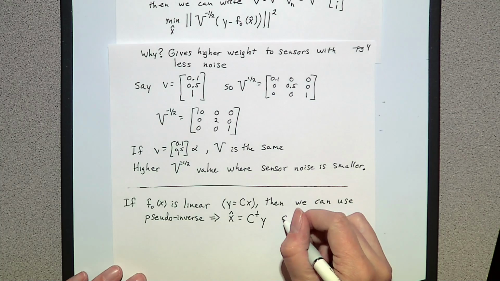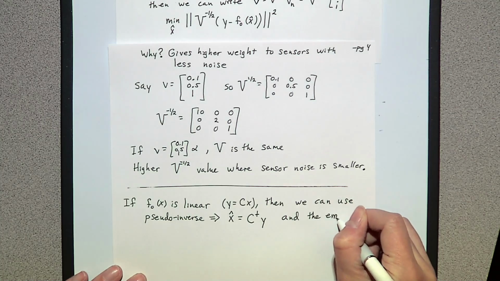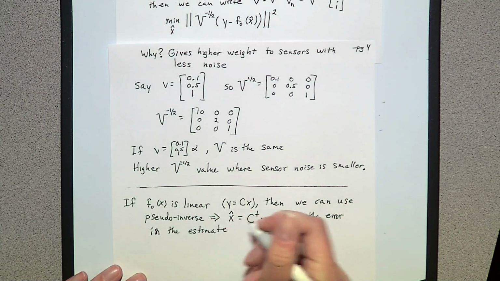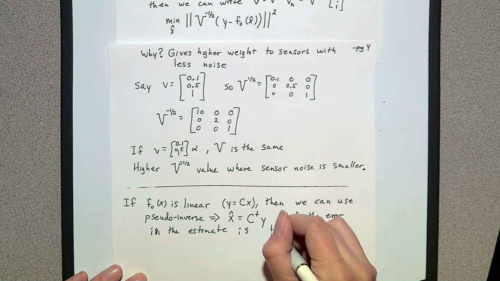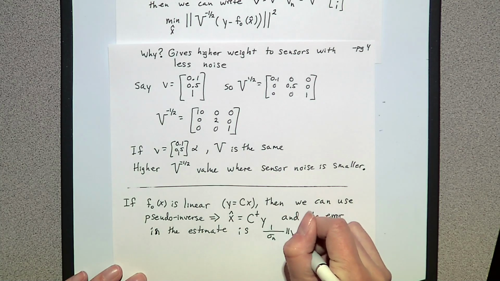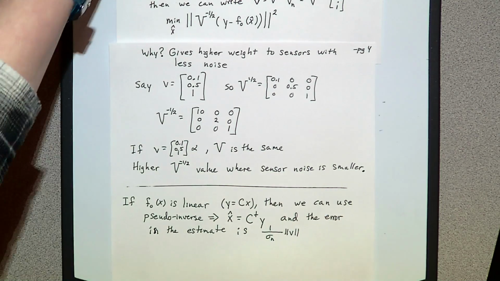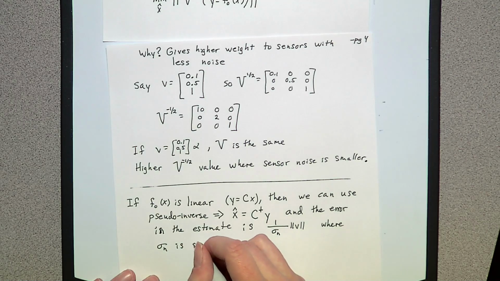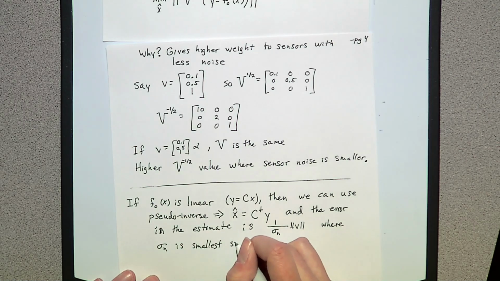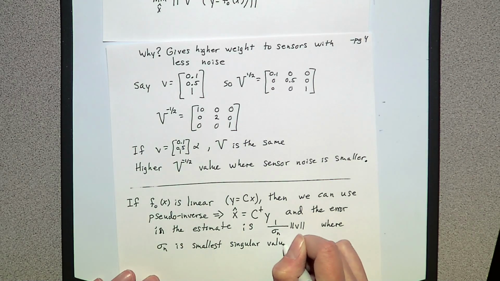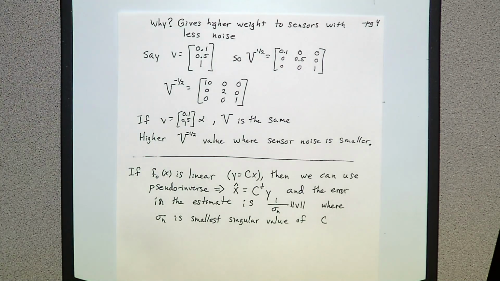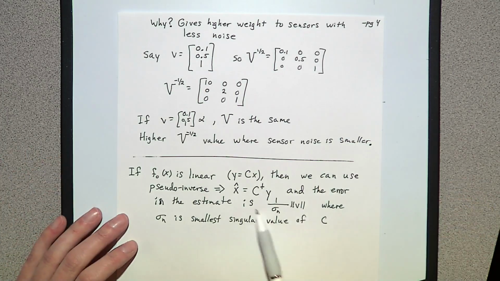And the error in the estimate is 1 over sigma n, norm of the noise vector v, where sigma n is our smallest singular value of C. And so if you go through the math, you can prove this relationship.